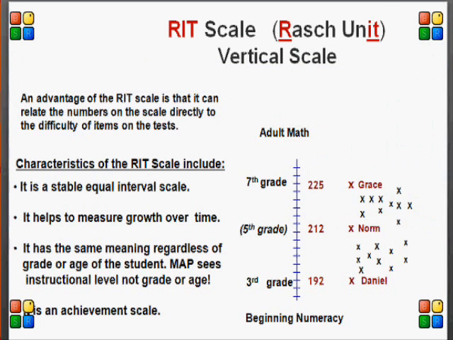And the thing that makes this possible is this idea of this RIT scale, or Rasch unit vertical scale. Now, the great thing about it is that it goes across grades. Doesn't matter about age, doesn't matter about grade. It basically looks at math skills like any other skill. Like if I'm measuring strength, I don't have particularly 4th grade exercises or 7th grade exercises.